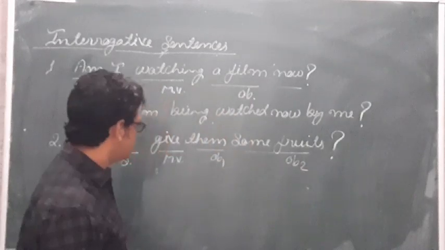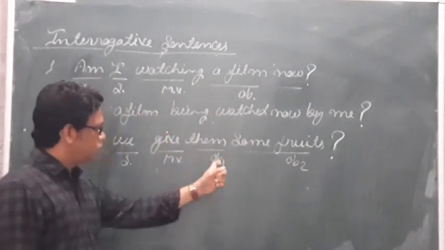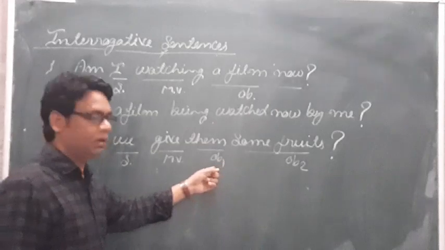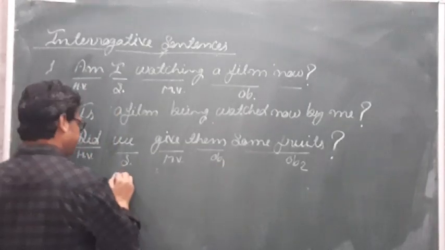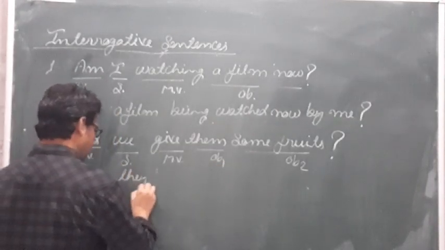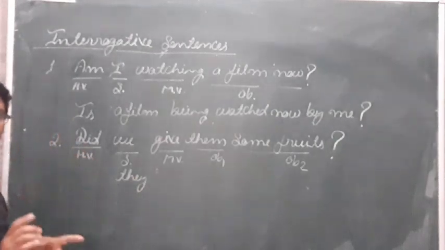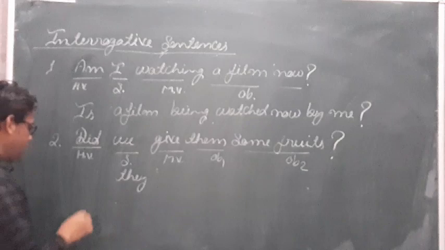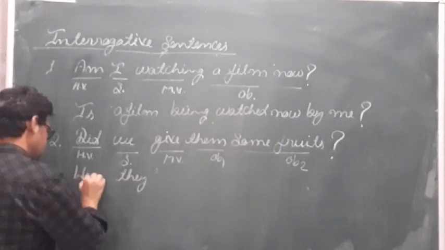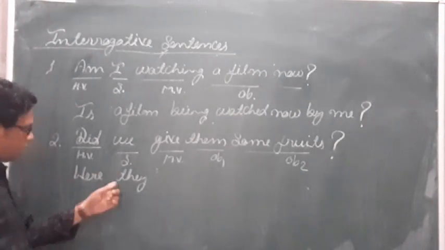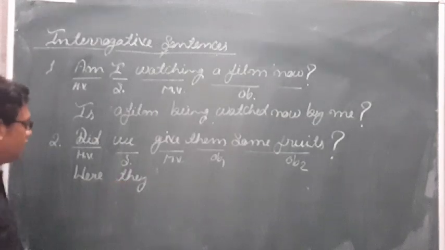Okay. So first of all we have to pick object number 1 as subject: They. Now we'll change did into was or were, and we place the verb according to the subject.